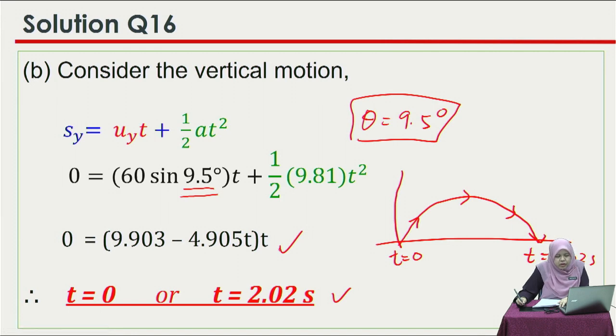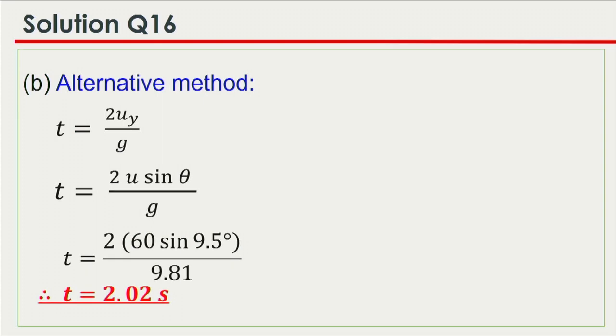Besides using this equation, we have another alternative method to find the time taken for this part, which is you can use this equation: t equals 2uy over g, where uy equals u sine theta.